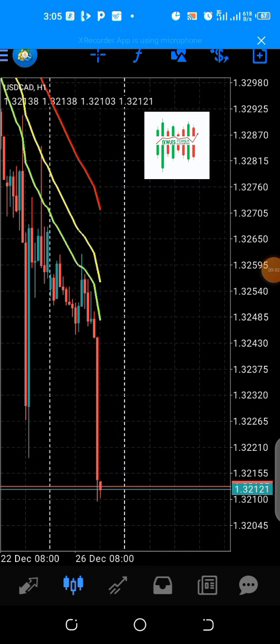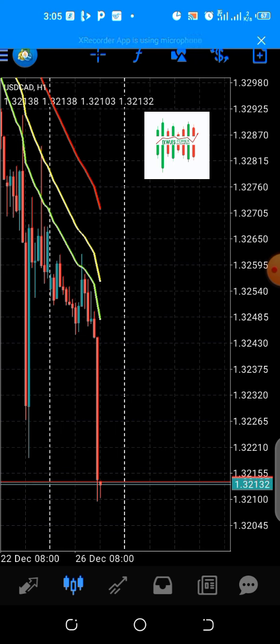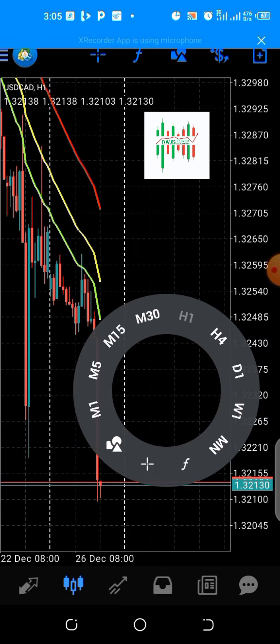But mind you, you see the trend is bearish. Like what I said initially, London trading session, the daily time frame must be in line with the H4, the 1 hour time frame, then moving on to the 30 minutes time frame.